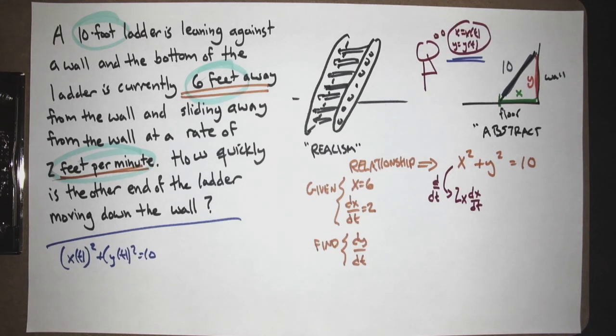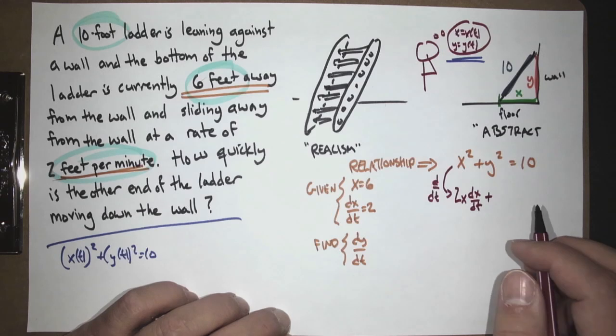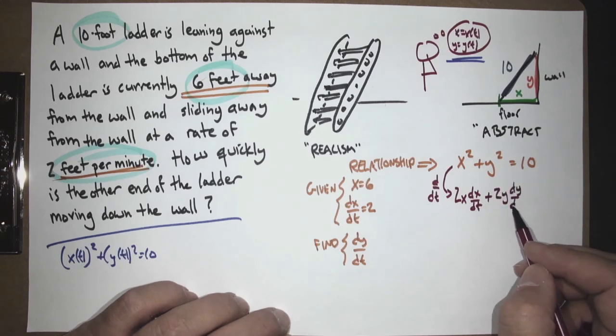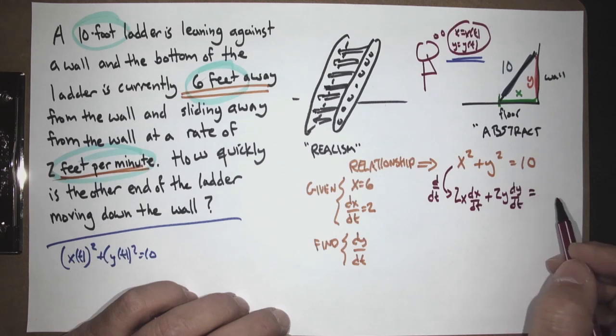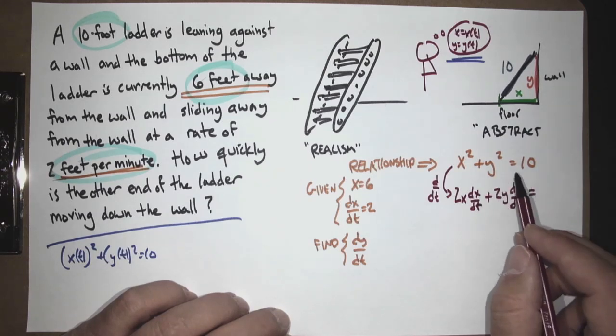Okay, what about the derivative of the next term, y squared with respect to t? What will that be? Two y dy dt, very similar idea, equals, I take derivative of both sides. Does it equal 10?